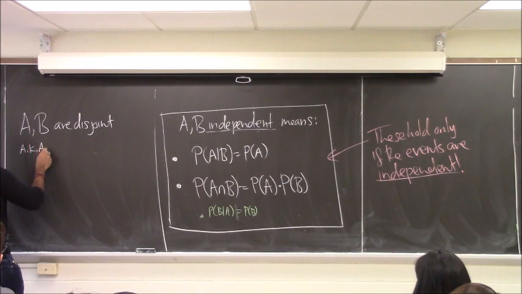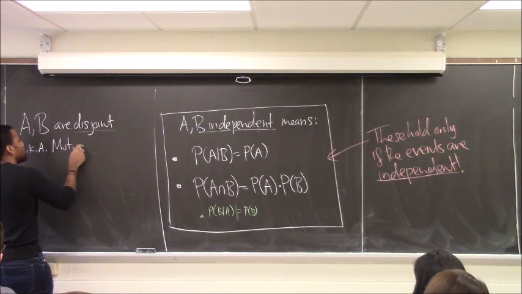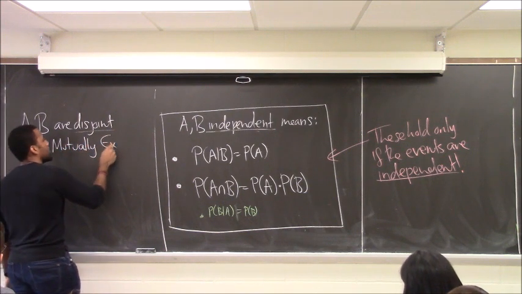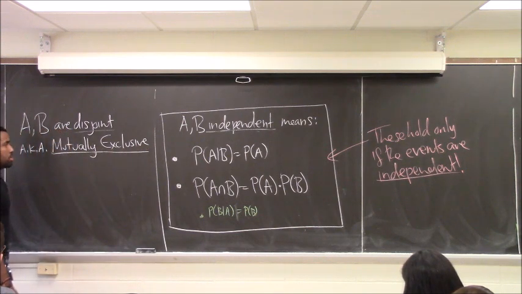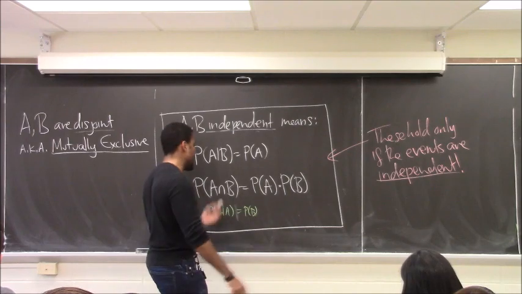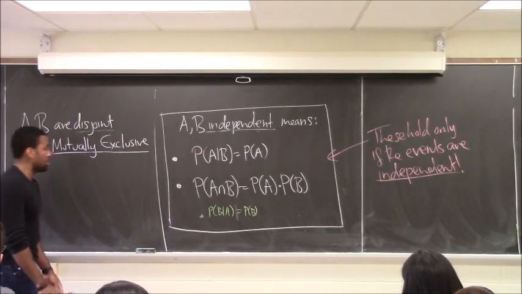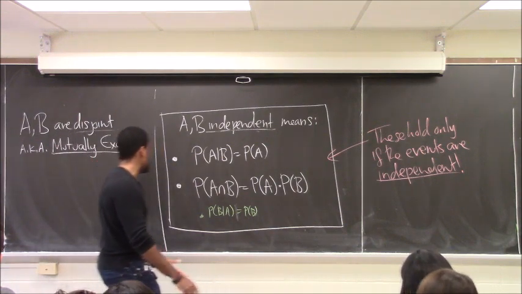Sometimes in the language of probability, we call these mutually exclusive. Now remember what disjoint meant? It means the intersection was the empty set. So if the intersection is the empty set, what's the probability of that? Well, it's going to be the size of the empty set divided by the size of the sample space, which is going to be 0.